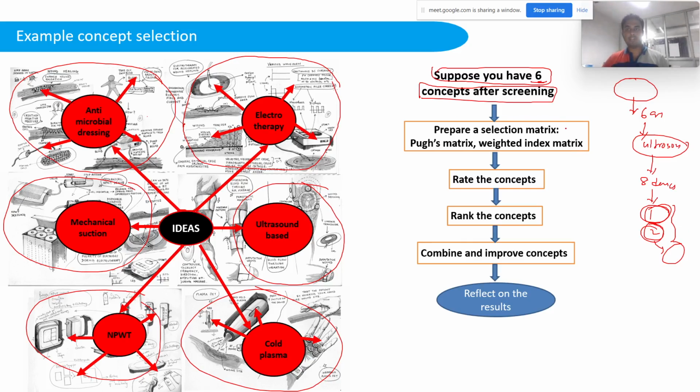So the very first thing you do in this particular case is prepare a selection matrix. A selection matrix is basically something where you arrange your criteria.